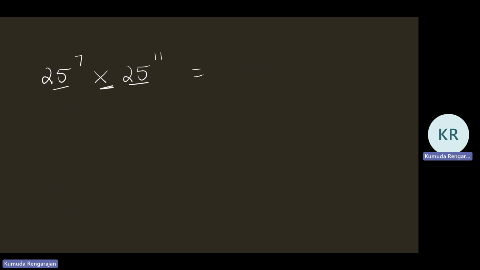Put together, 25 is multiplied with itself 18 times. So that's why we add the powers. We write the base once and add the powers, which is 25 to the power 18.